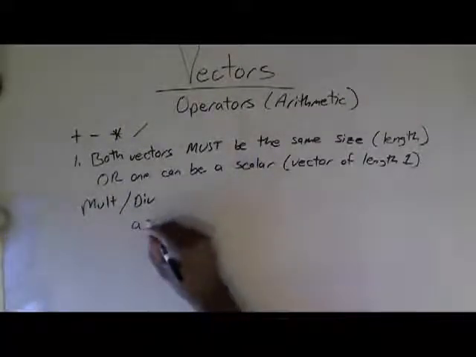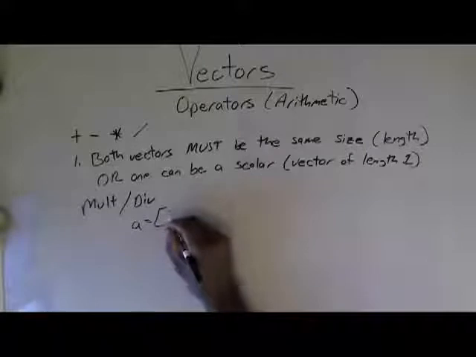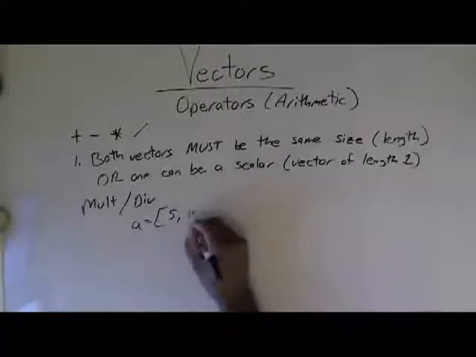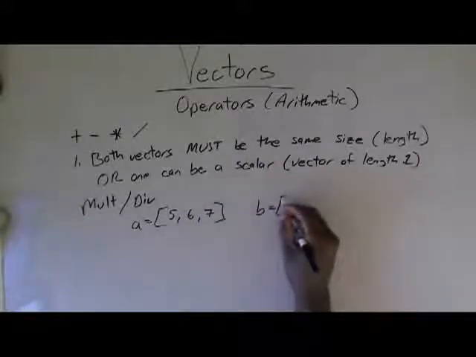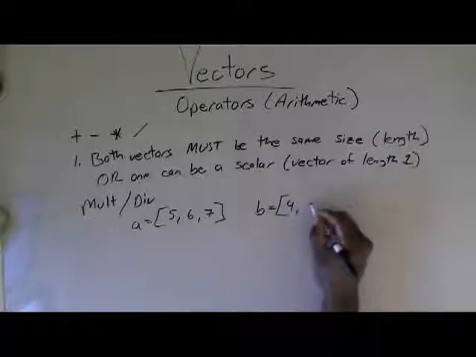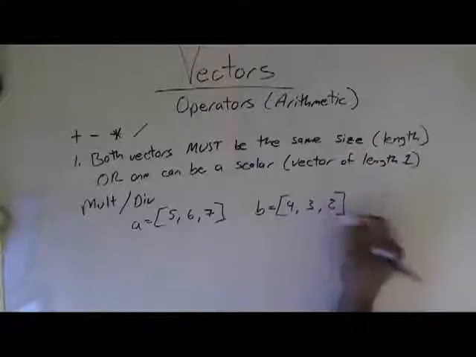Once again, if we have A equals the vector 5, 6, 7, and we have B equals the vector 4, 3, 2.